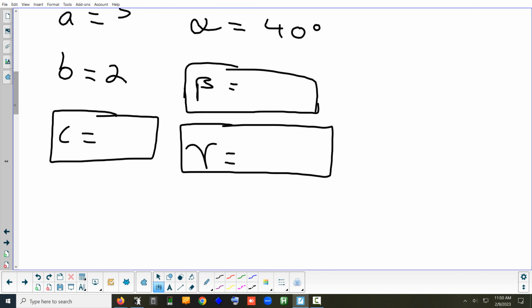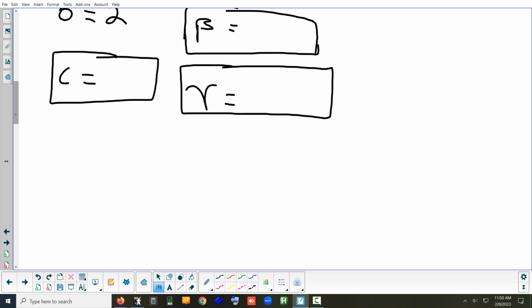And if you have a row that's empty, that's useless, because you'd be missing two things at the same time. So you need to use the row that's full and the row that's partially full. And there's only one option for that. So what are we going to find first? Beta.